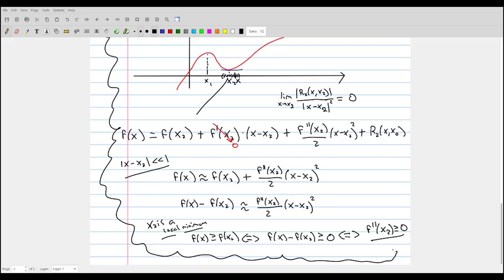And the opposite holds as well. If the second derivative is negative in a small open interval around the point, then you have a local maximum. And if neither holds, then you don't have a local max or a local min. You have some sort of inflection point or some other critical point.